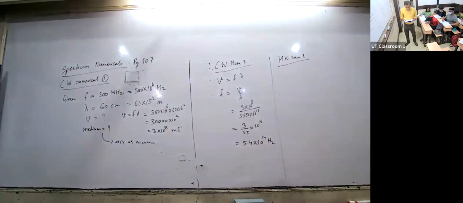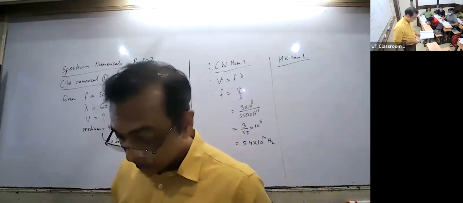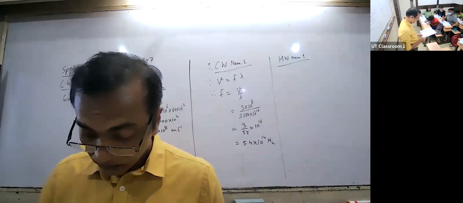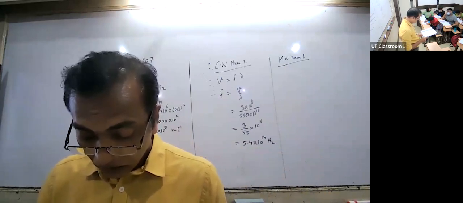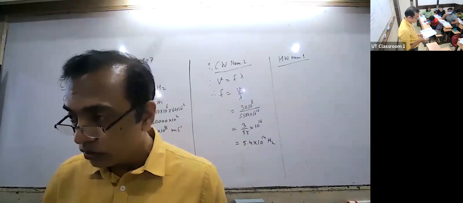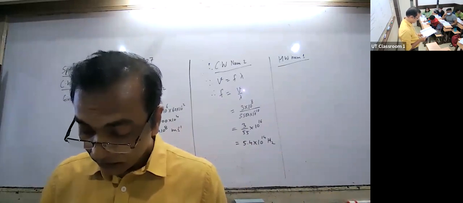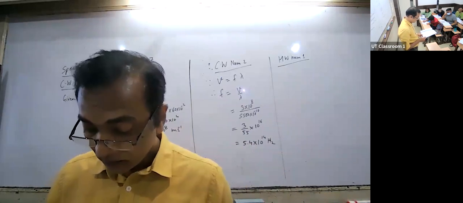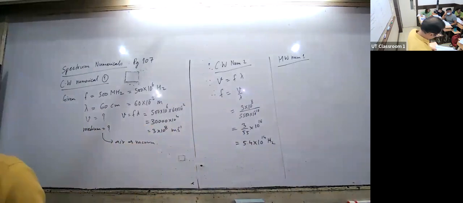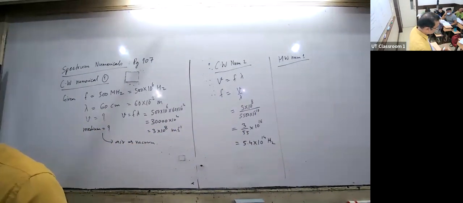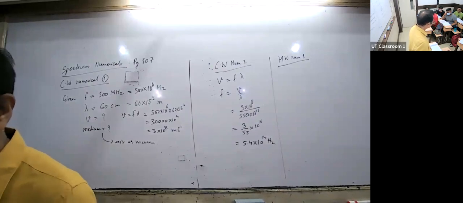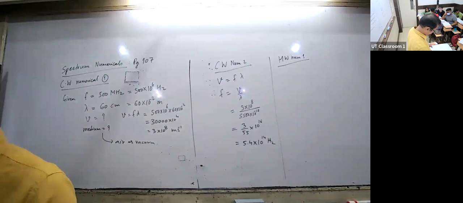So the frequency range of visible light is from 3.5 into 10 raised to 14 hertz to where is the range? Where is the range given? Only one frequency is given. Is the question not complete? We need one more frequency value. Let me see.